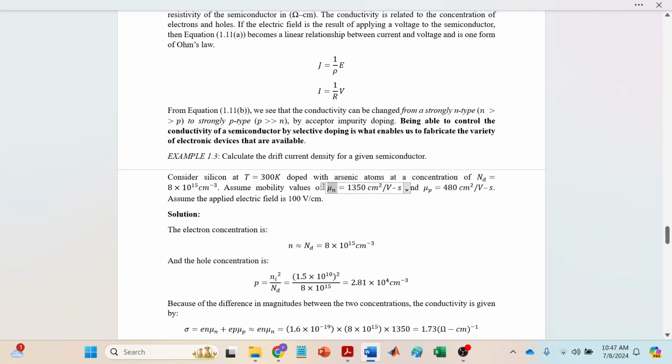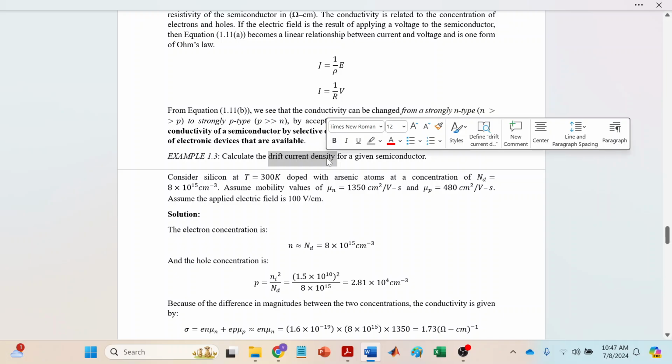Then we are given the electron mobility constant and the hole mobility constant at these values, and we specify the electric field as this value and want to calculate the drift current density.